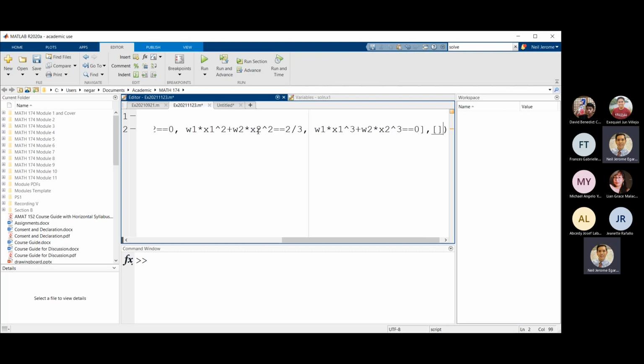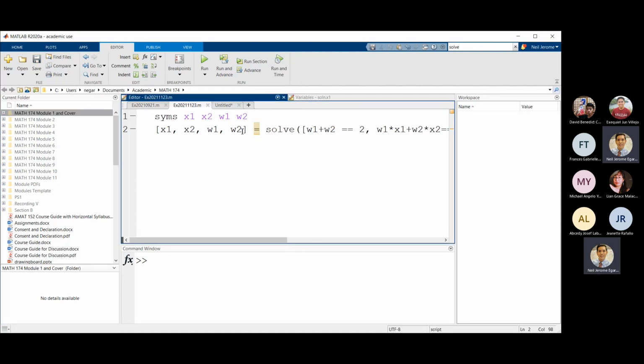The second input would be the variables na gusto nating ipasolve. Just make sure na gagamitin natin yung same order nung nandun sa kaliwa ng equation para isosolve niya at i-assign niyo yung values in the correct order. So i-copy ko na lang to. Okay. Ibig sabihin yung unang output ni solve ay dapat si x1. Yung pangalawang output ni solve ay si x2. Pangatlo ay si w1.